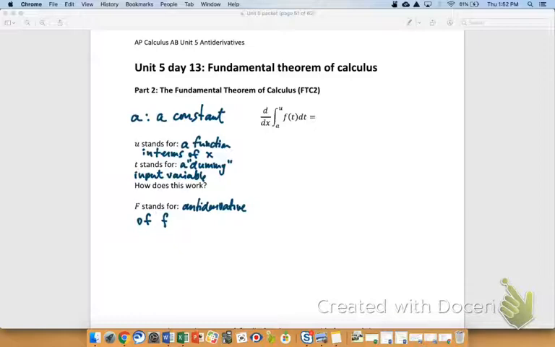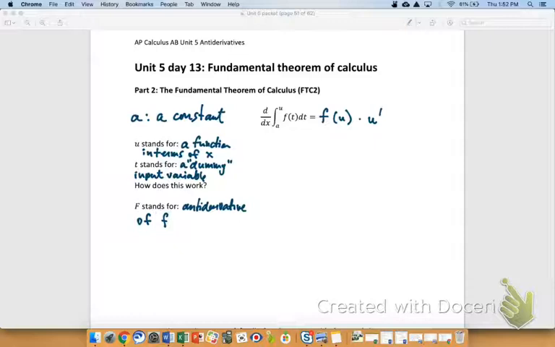These two things should be interacting in a certain way. So I've got an antiderivative there of f of t. This will end up equaling f of u times u prime. I'm going to show you how this works as well. I'm showing you the trick ahead of time, but I'd like to show you why the trick works.